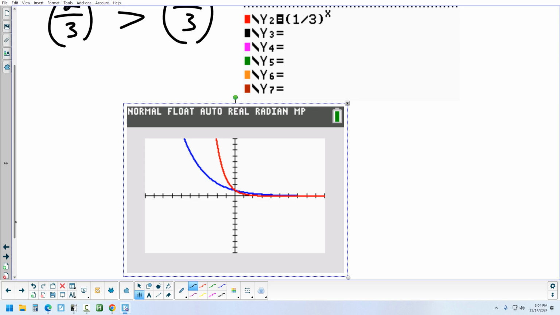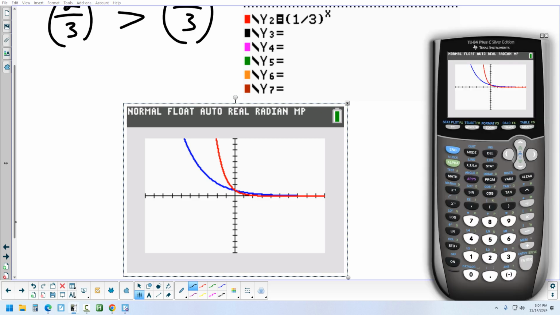And again, this one might be kind of obvious, but just in case it was shifted, we would want to calculate this. Maybe the intersects. Right, we want to find where they intersect. So second calc, intersect. Because they only cross one time, we don't have to be careful about where we put the cursor. But they do intersect at the point 0, 1.